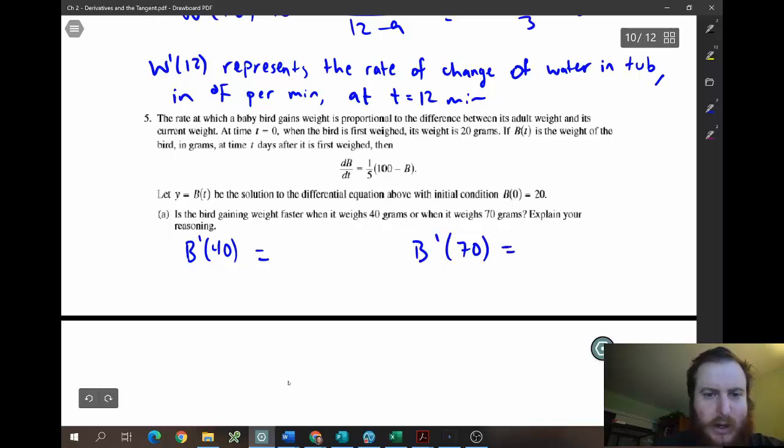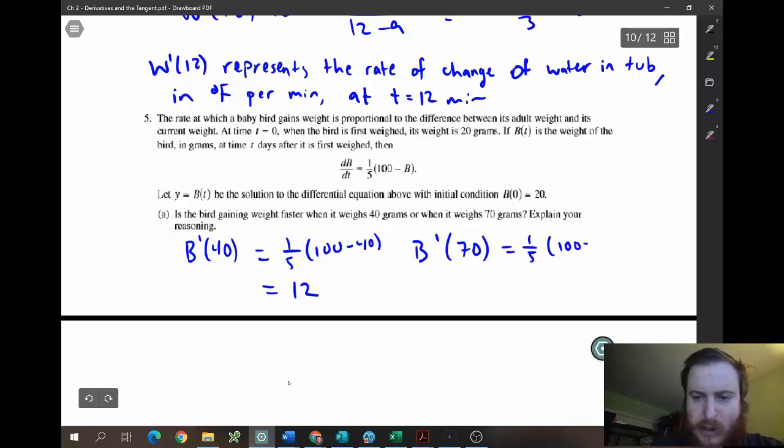Now this was a non-calculator question, so you have to do these by hand. So this is just 1/5 times 100 minus 40, which is 60 over 5. 60 over 5 is 12. This one's going to be 1/5 times 100 minus 70. 100 minus 70 is 30. 30 divided by 5 is 6.